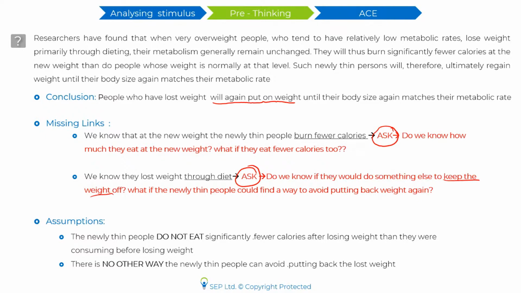Yes, Jaydeep. The answer to that is yes, because it's given to us relatively low metabolic rates. Relative to who? It has to be relative to the people who are not very overweight, which includes people who are normally at that level. The others, do let me know if you are clear with this understanding, with this stimulus, with this explanation.